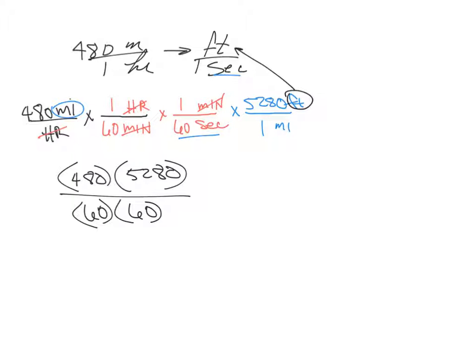Alright, so the last example here is 47.3. We've got 15 inches per second, and we're converting that to yards per hour.